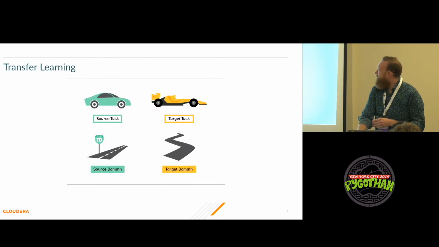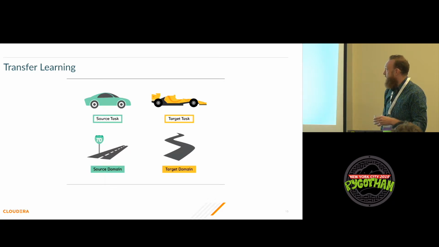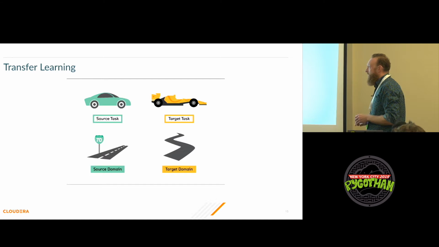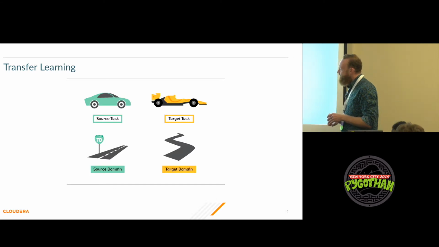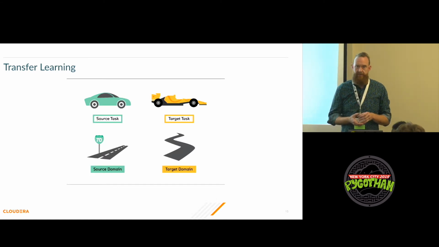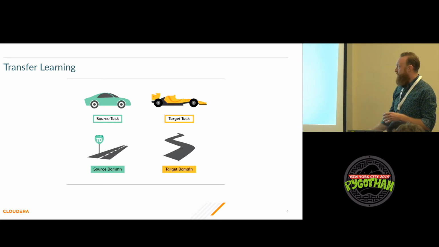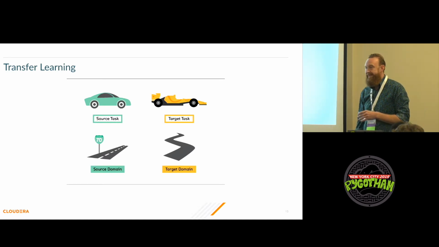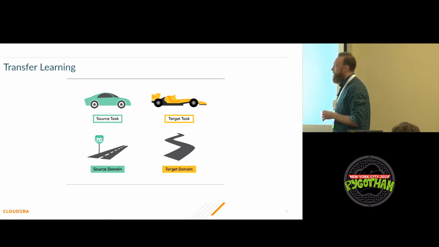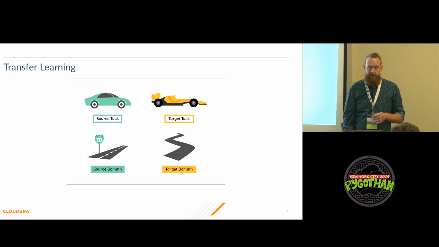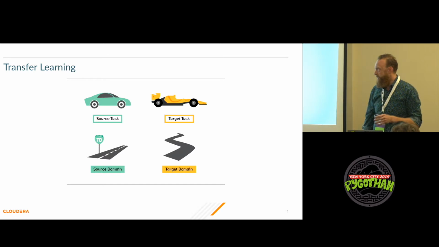Okay. Now, transfer learning. If I want to learn how to drive an F1 car on a racetrack, I can start from zero with someone who's never driven a car before and teach them how to drive an F1 car. That is clearly a lot of information. Starting from zero, or with a 16-year-old or 18-year-old with a driver's license, you have a lot of work to do.